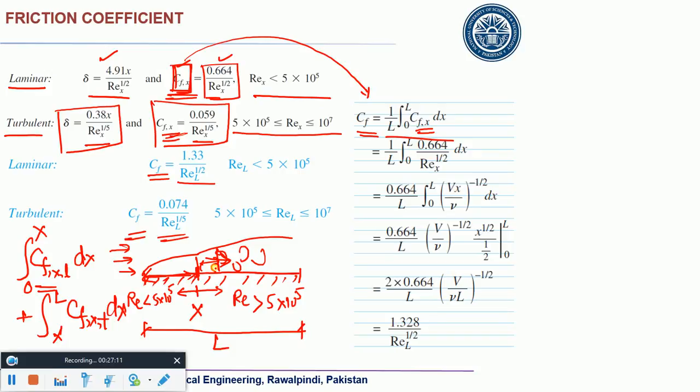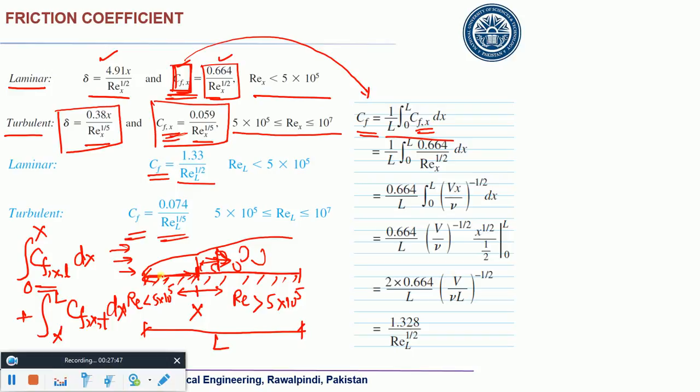Okay, so this is important to understand, that there could be flows where you can have a considerable length for the laminar boundary layer, right? And in that case you have to perform the integration in the form of different components. Do you understand that? Any question about this thing? Okay. Then turbulent, but you have to take care of the limits.